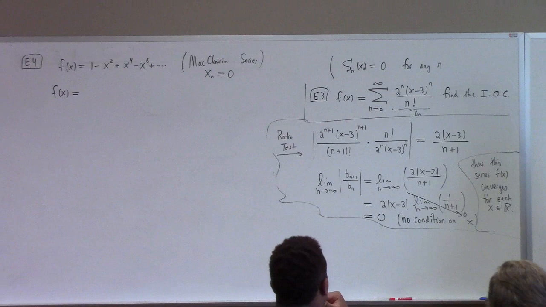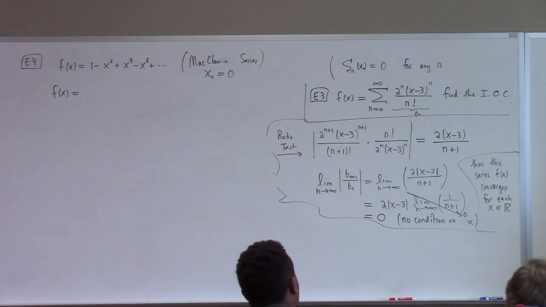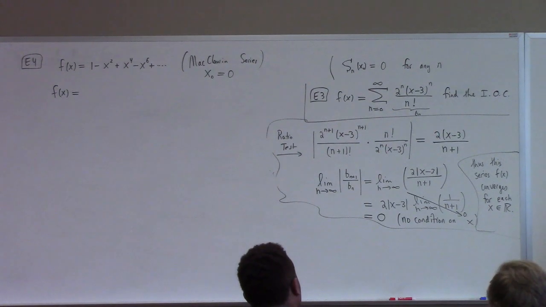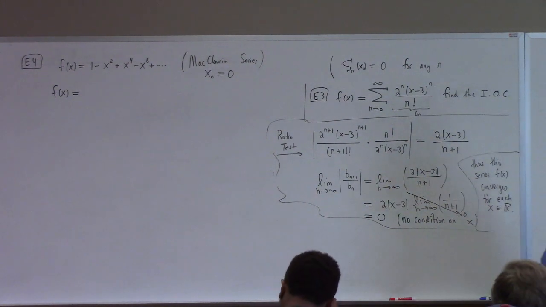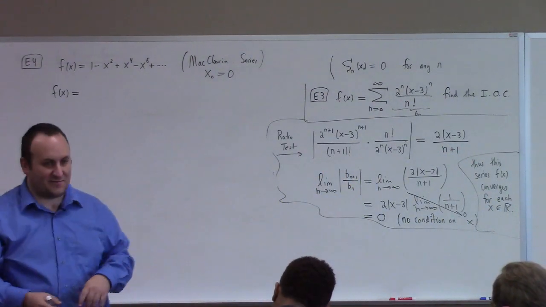So the question is, Taylor series of what? This is just a power series. But in about 3 seconds, we'll get what function it is the Taylor series for, so you're not wrong.